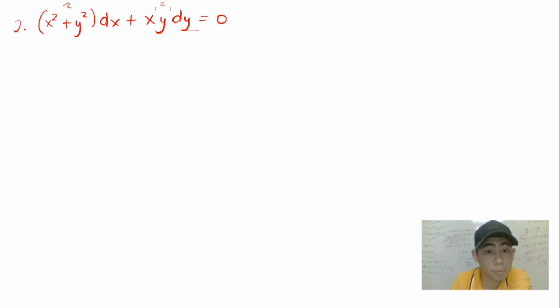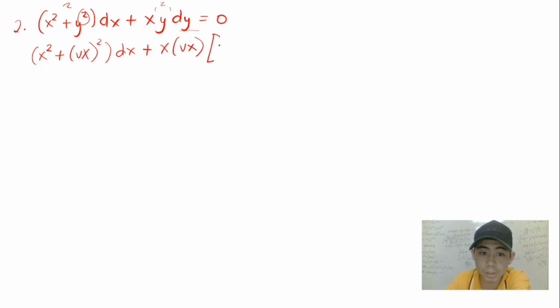So, y and dy are what we will use for our magic substitution. Let's proceed. So, x squared plus vx squared, because it is squared, times dx plus x times vx times the derivative of y, which is v dx plus x dv, is equal to 0.